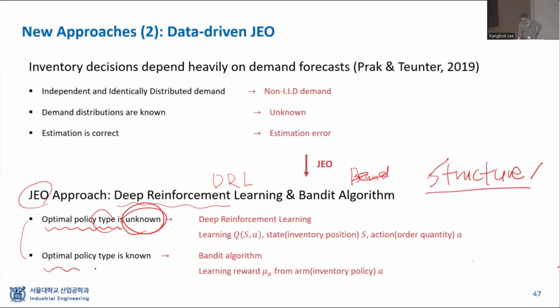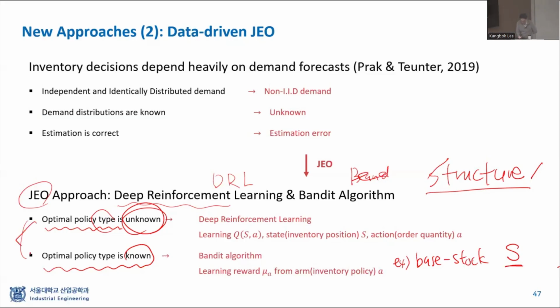But if we know the structure, then the problem is something like this. We know that base stock policy is optimal, and the only parameter that we need to find out is S. So this problem goes to a single variable optimization, finding the optimal S value.